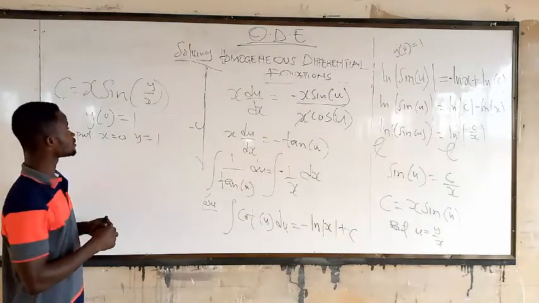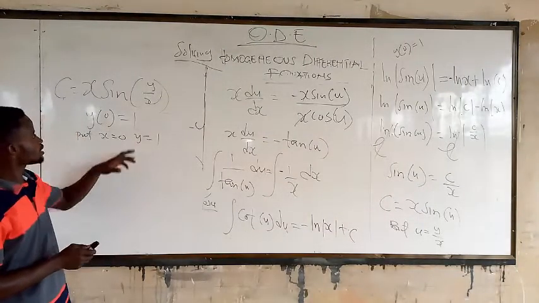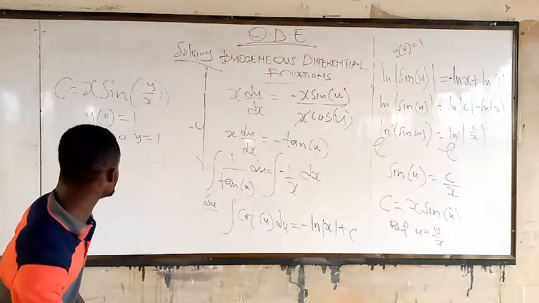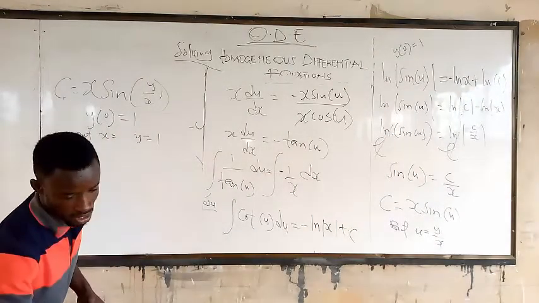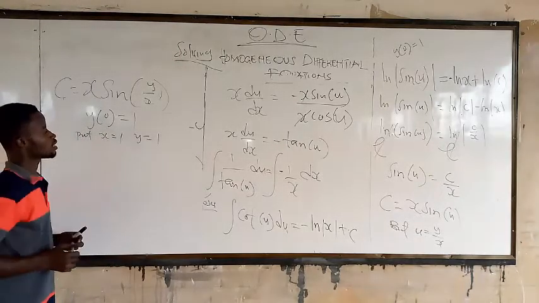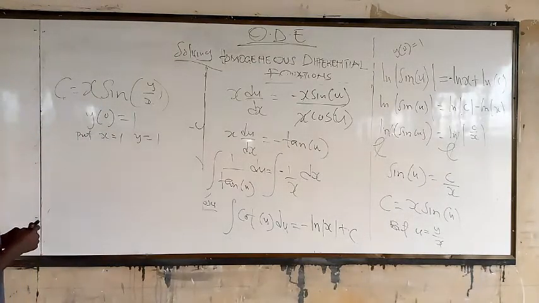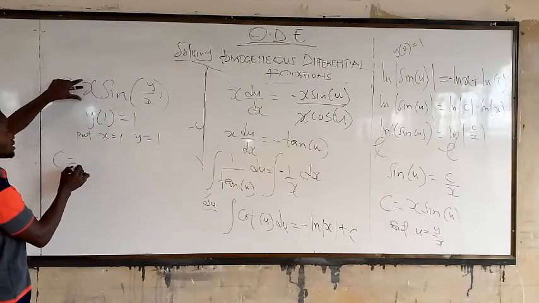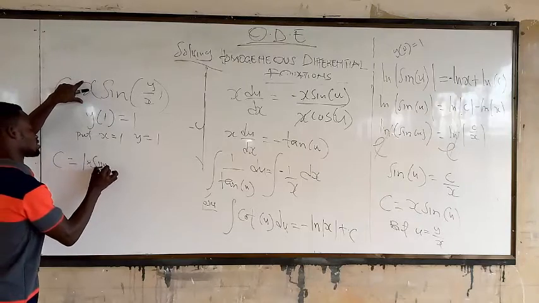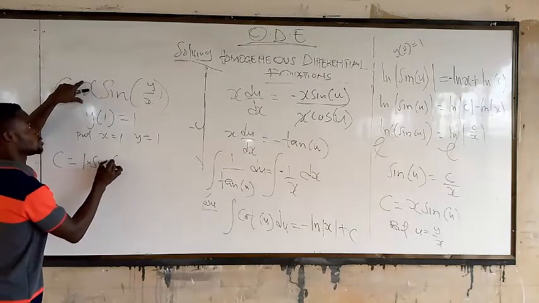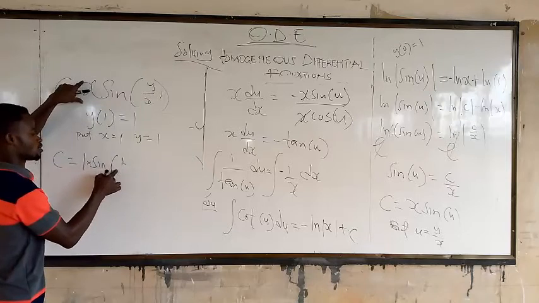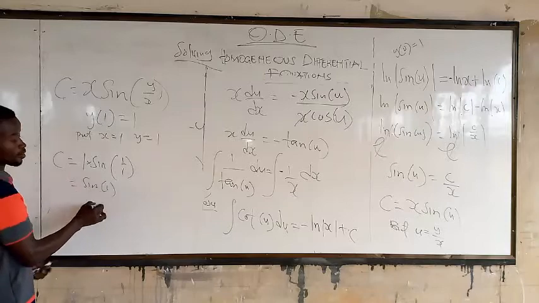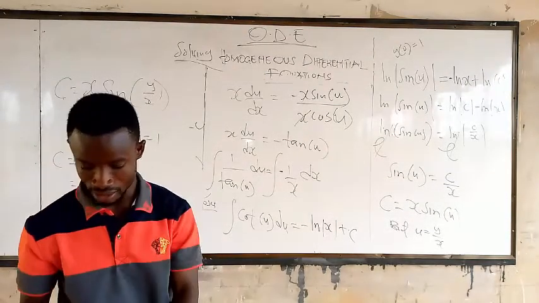That will not work, because for x equal to 0, the function will be what? Undefined. So let me make this 1. Let me make it (1, 1). Okay, (1, 1). So here c is equal to x, which is 1, times sine 1 over 1, and we are going to get sine 1. And what is sine 1?